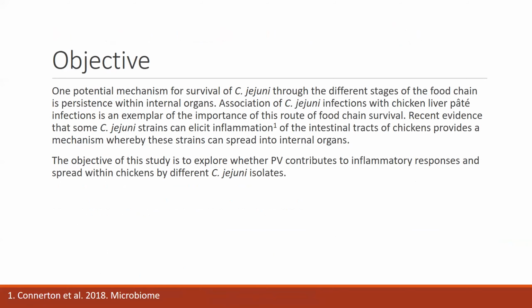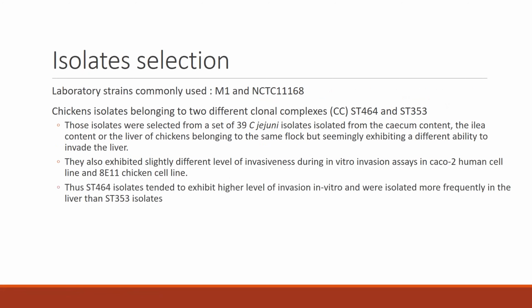In addition, recent evidence shows that jejuni can elicit inflammation in the intestinal tract, and that can eventually lead to a spread into internal organs, and we want to see if PV can be involved in that. So the objective of the study is to explore whether phase variation contributes to the inflammatory response and the spread of jejuni in the chicken.